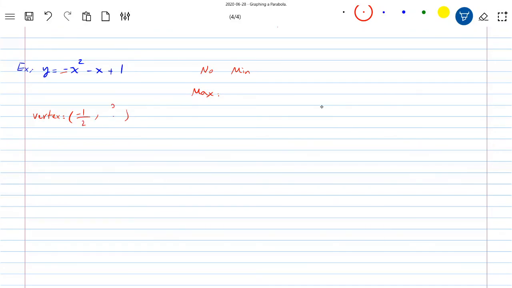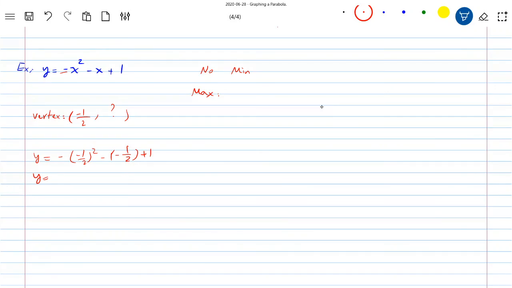And you need to figure out what is the y coordinate. Replace negative 1/2 in there. y equals negative 1/2 squared minus negative 1/2 plus 1. I just wanted to show you that you don't always expect an integer as the outcome. Sometimes a square root is possible.